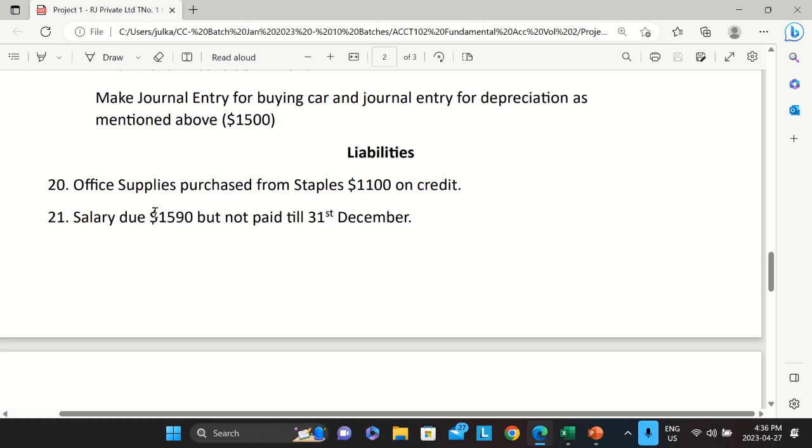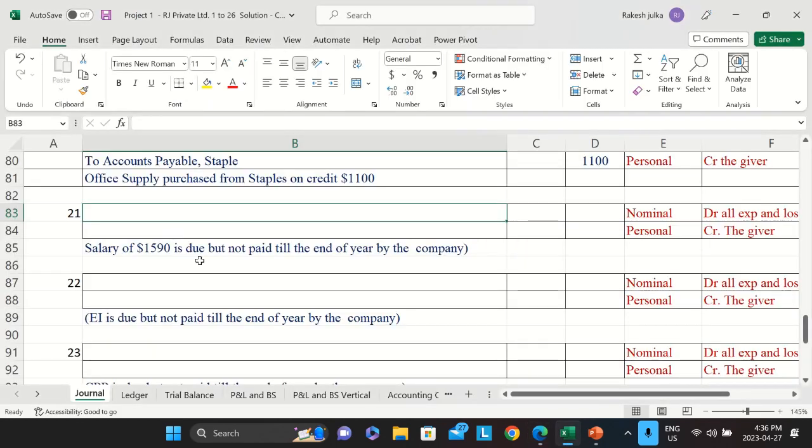Normally it may be due after a couple of days, maybe on 10th of January next year, maybe 5th of January next year, maybe the 1st of January next year. It means we have not made any payment; it is due but not paid. This also becomes a liability of the company. So salary account debit to salary payable, that will be recorded, 1590.